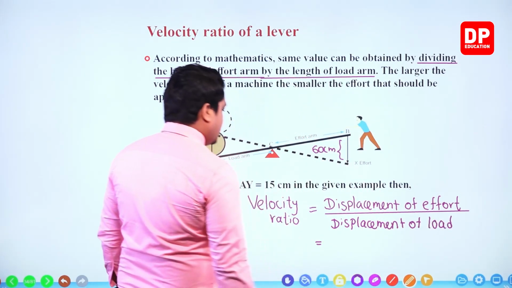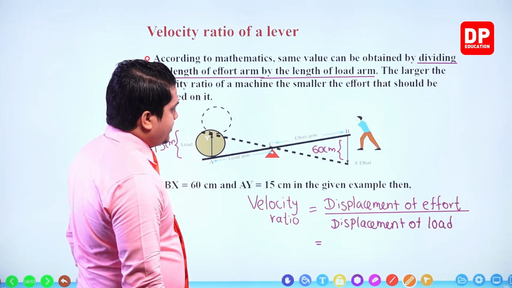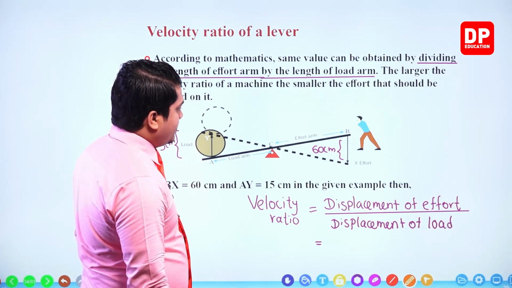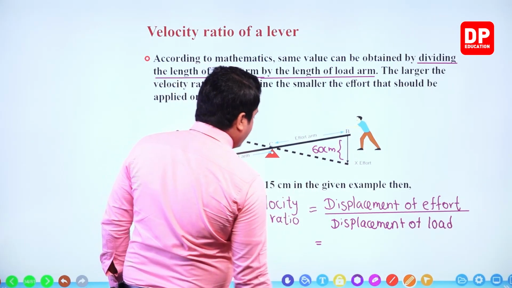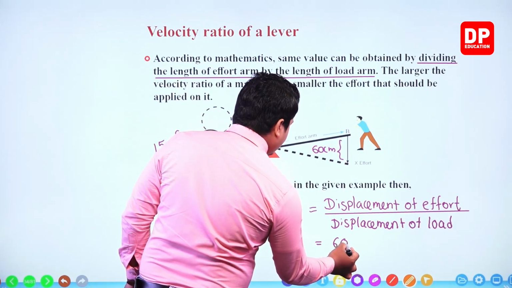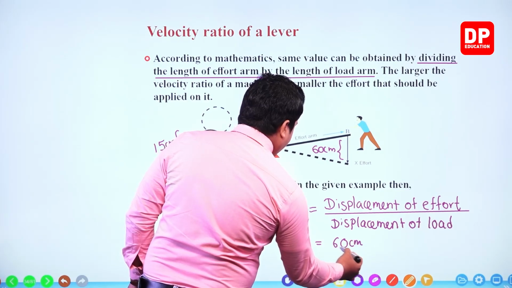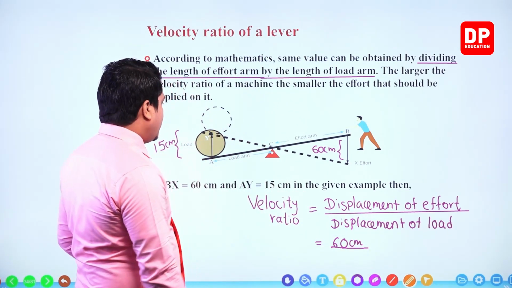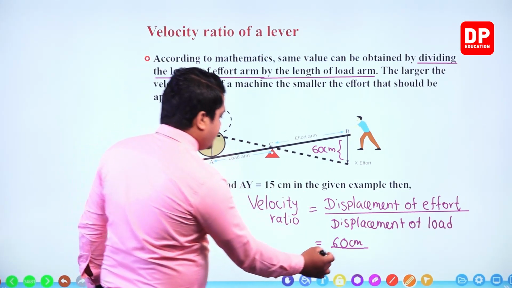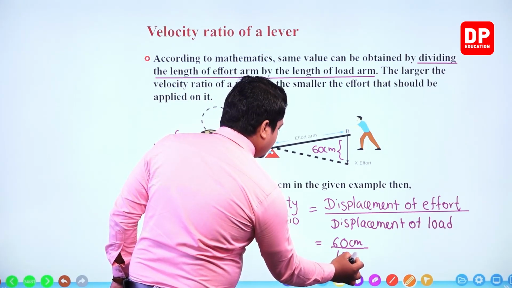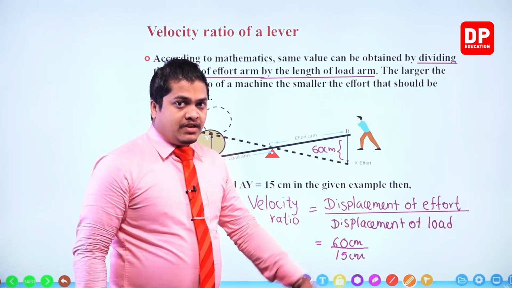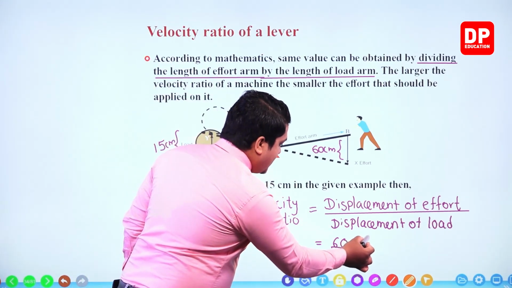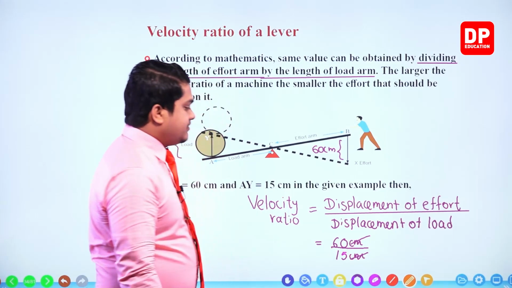The displacement of effort, my dear children, this is the effort, is equal to 60 centimeters. The displacement of the load is equal to 15 centimeters. Like I said in the previous slide, centimeters to centimeters gets cancelled first and foremost.